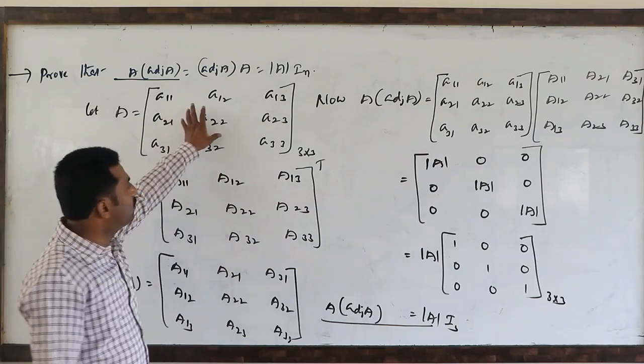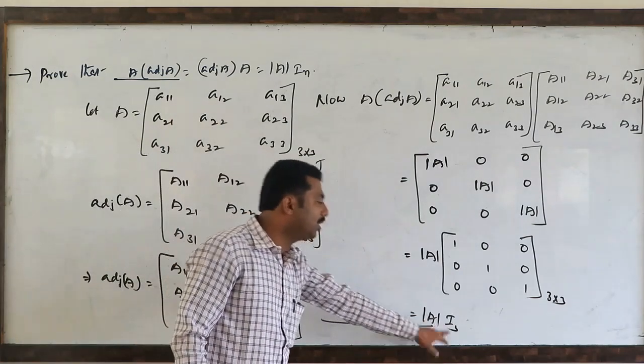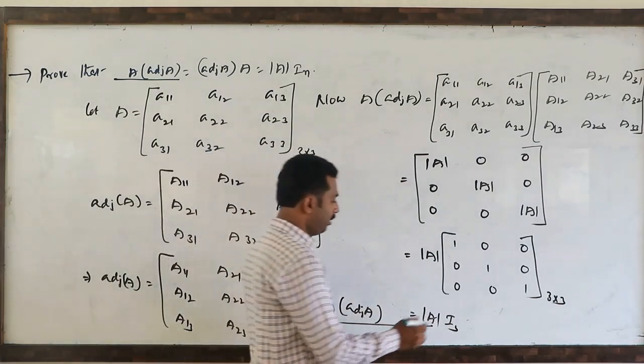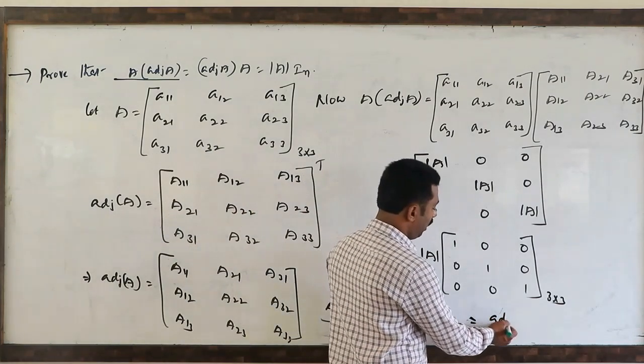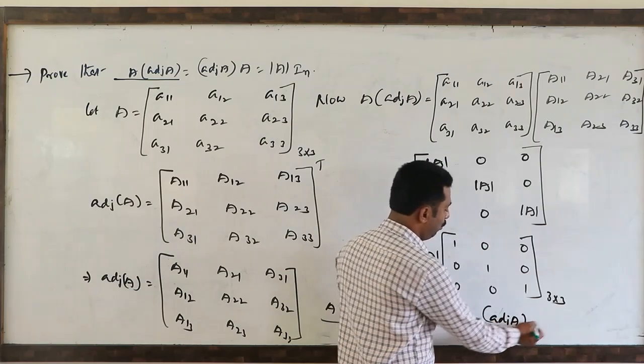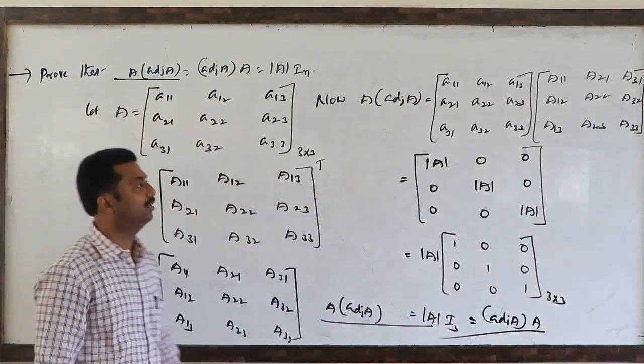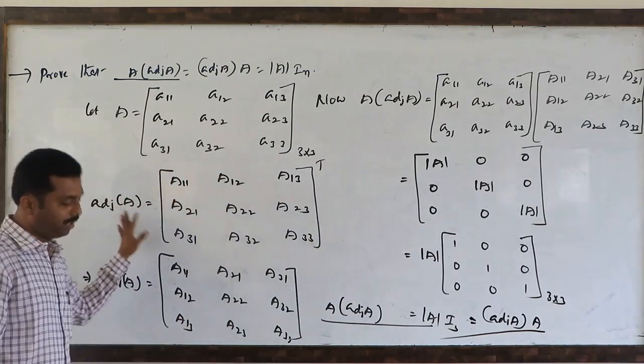If it is 4 by 4, I4 will come; if 5 by 5, I5 will come. Similarly, we can show that adjoint of A into A is also determinant of A into I3. So this is the verification.